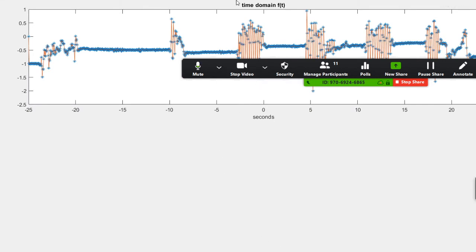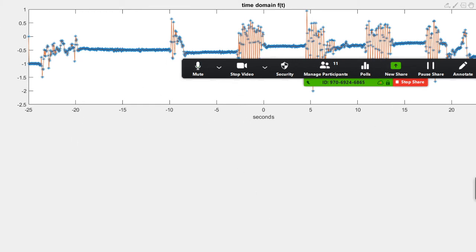The figure has a title, time domain FFT, and I connected all the points. You can see the connection of the points, and I also give seconds as the unit, but we have a negative one because we have to do the shift as well.